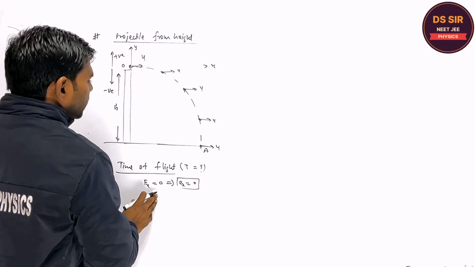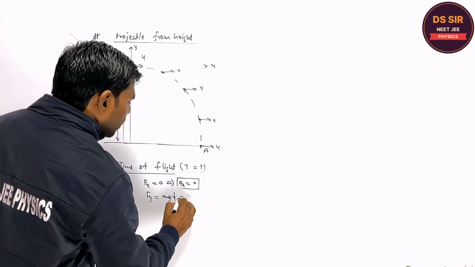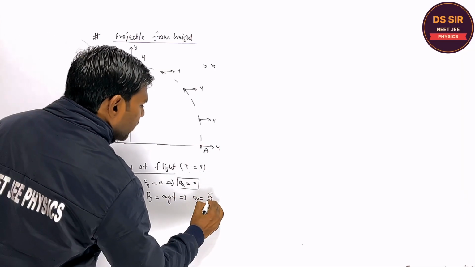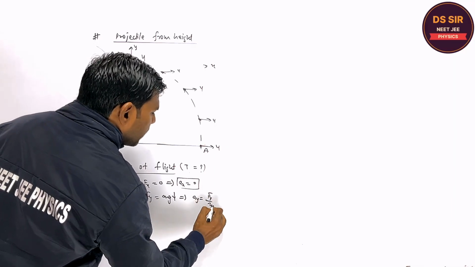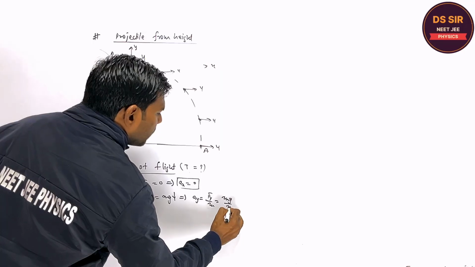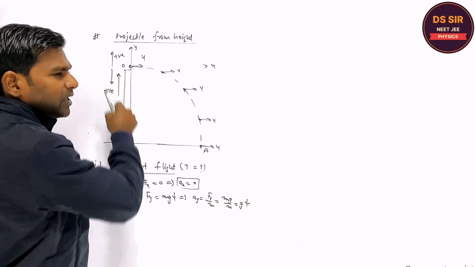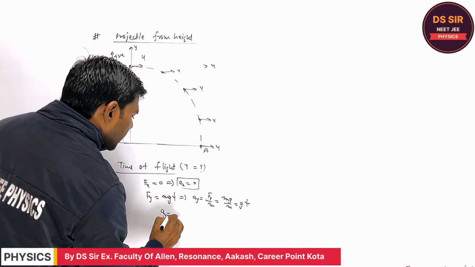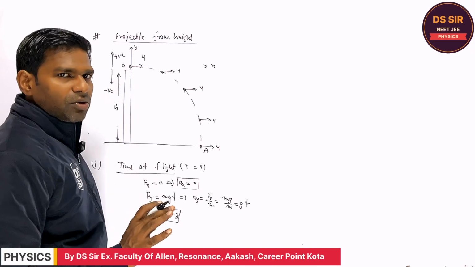But in the vertical direction, what is the net force? Say mg vertically downward. So acceleration in the y direction is Fy upon m, which is mg upon m, equal to g, vertically downward. Downward direction we have taken as negative, therefore the y direction acceleration I will take as minus g. Is it clear or not?